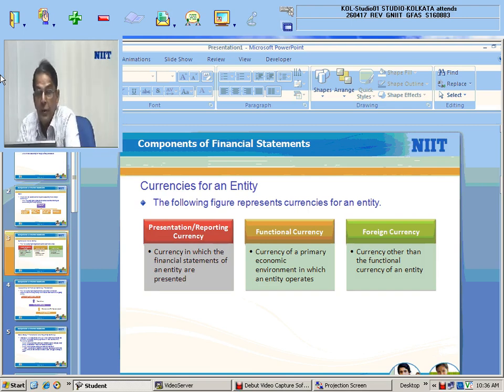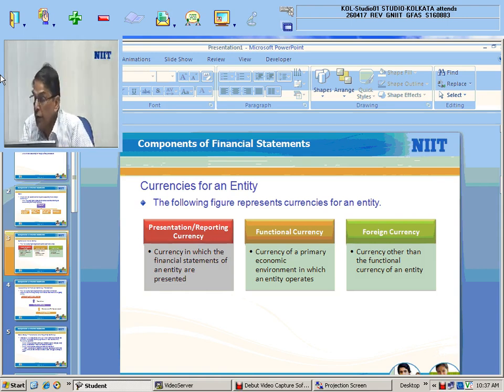So three cases may arise. First is the presentation or reporting currency, the currency in which the financial statements are presented. The second is the functional currency, the currency of the primary economic environment in which the entity operates. For an Indian company operating in India, both the reporting currency and the functional currency will be the Indian rupee.